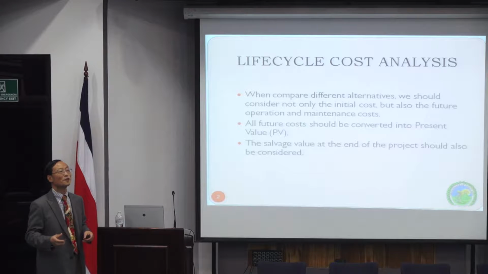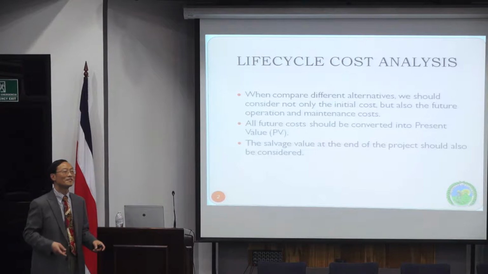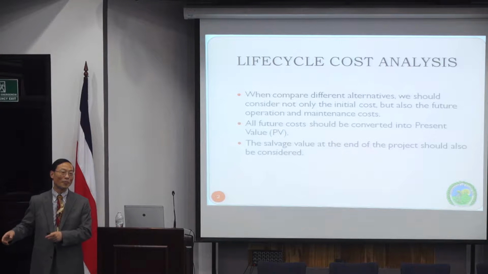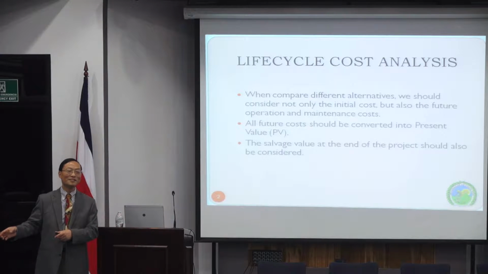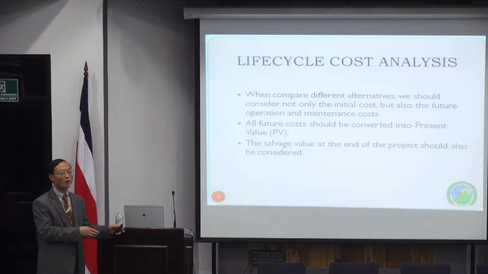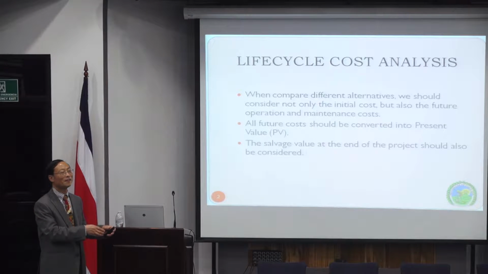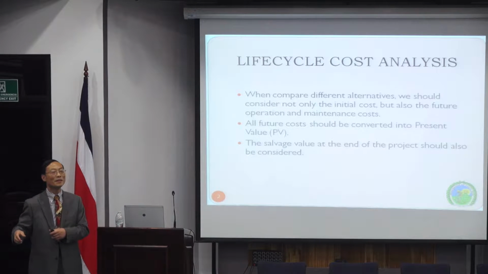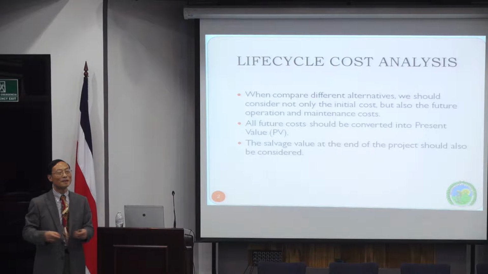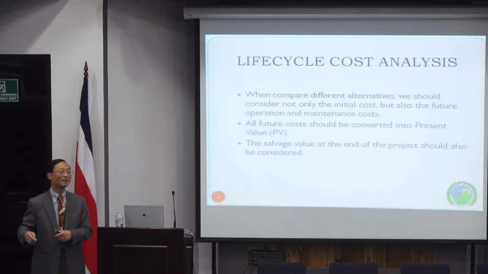For example, if you buy car A or car B, say one is a Honda Accord, another is a Honda Civic or Nissan Sentra, and one has a little bit higher price, one has a lower price, and one has less maintenance cost, another has more maintenance cost, and one may have a high resale value, another has a low resale value.